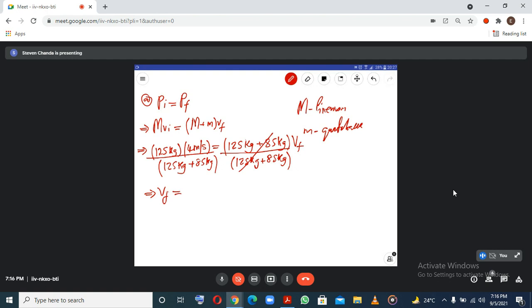But it's good to make it the subject of the formula. It's easier to plug in values like that. So that's how you go about it.